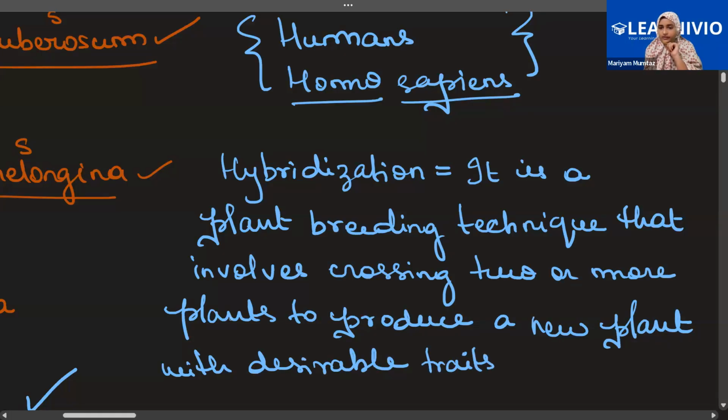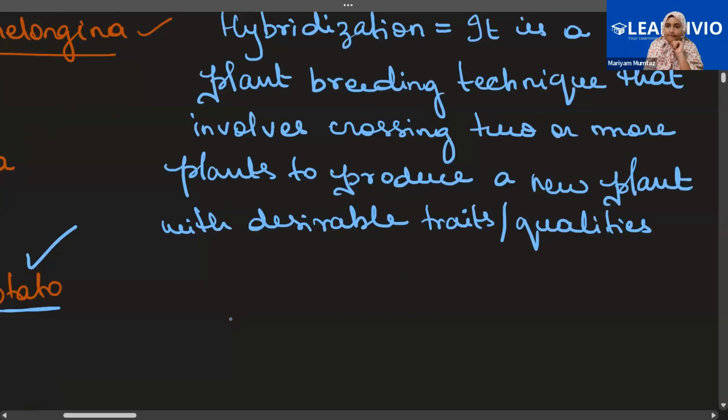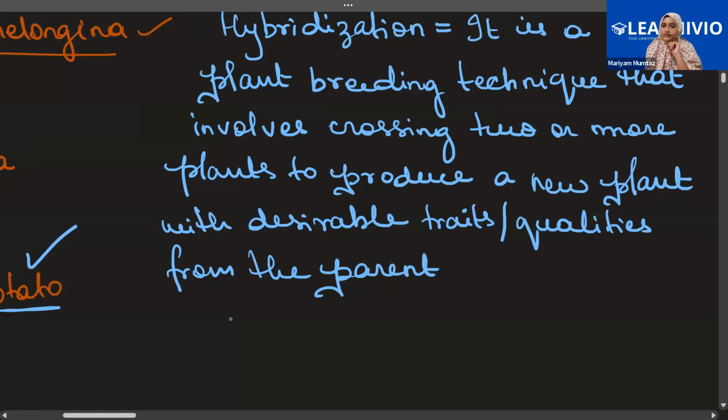Trait means qualities. With desirable qualities from the parents or parent plants. Got it? So this is the whole entire procedure.